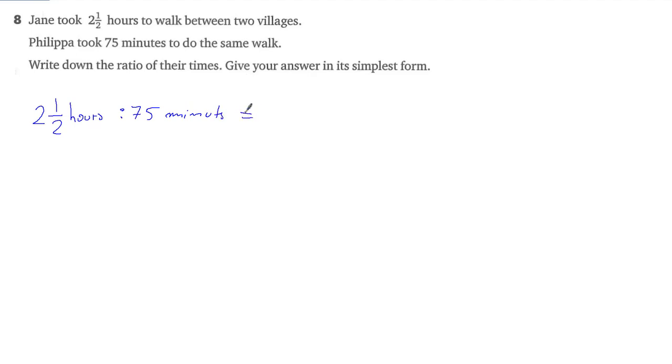Alright, so we should first convert everything into minutes or into hours. So let's convert everything into minutes. What does that mean? 2 hours and 2 hours have each 60 minutes, and then 1/2 hour. Also that one will multiply by 60, and then this will be minutes in ratio to 75 minutes.